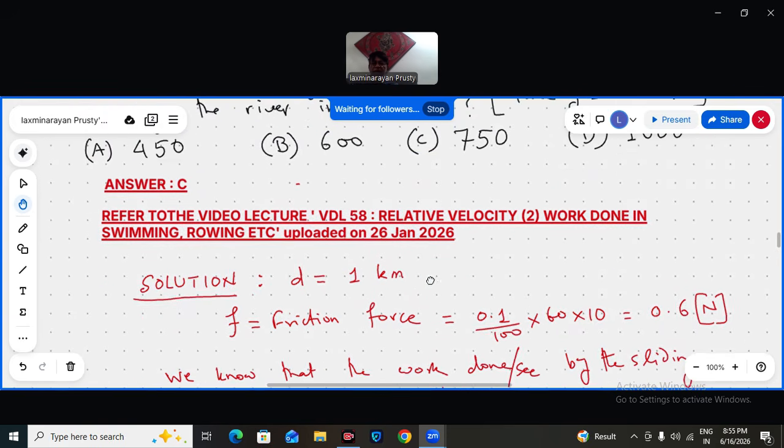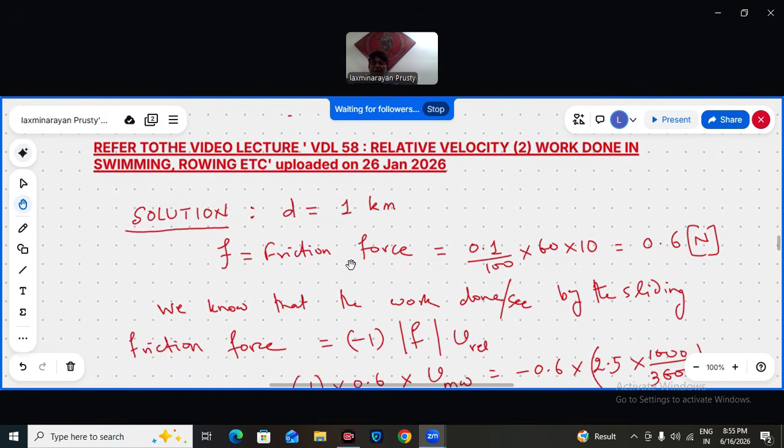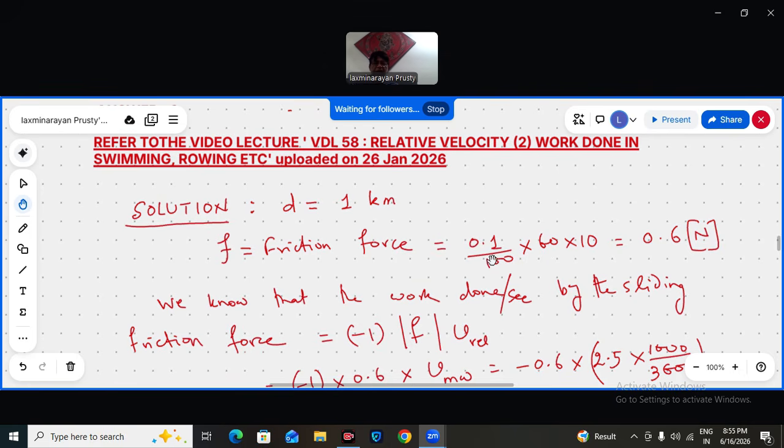Let us see the solution. D is 1 kilometer, the width of the river. Friction force is 0.1% of the weight of the swimmer. So 0.1 by 100 into 60 into G is 10, that is 0.6 Newton. We know that the work done per second by the sliding friction force is minus the magnitude of friction force into relative speed.